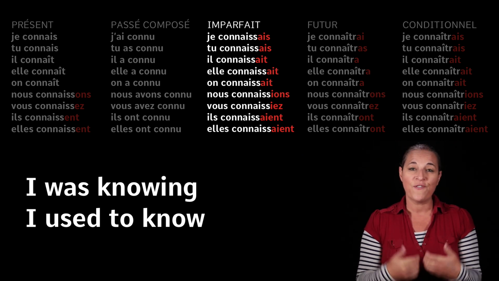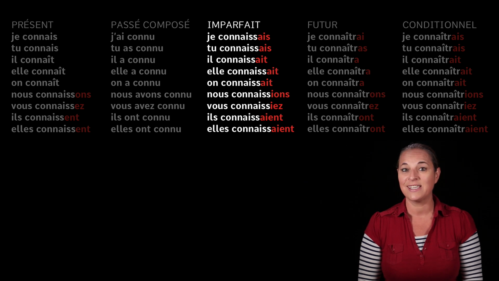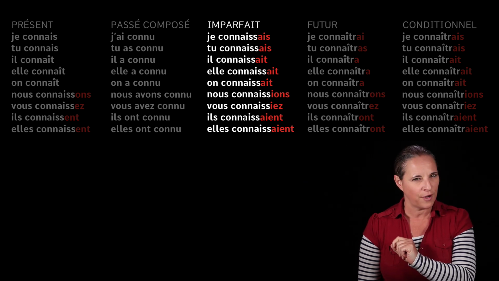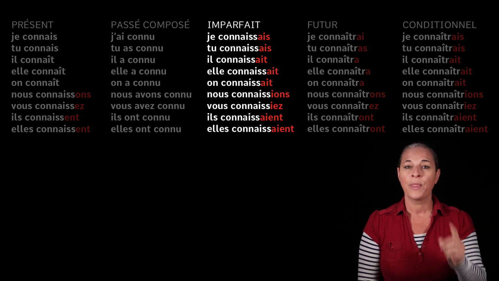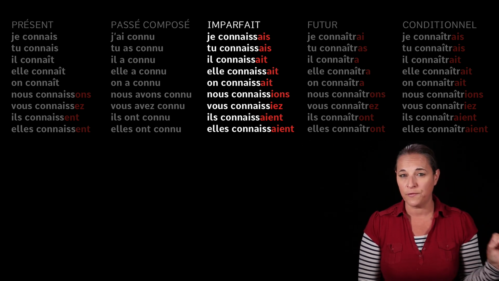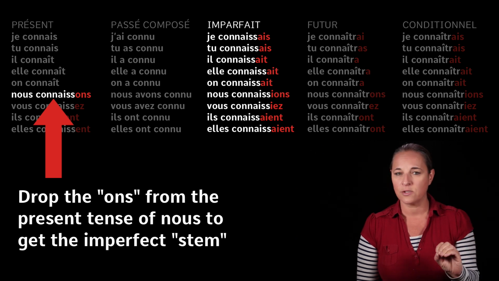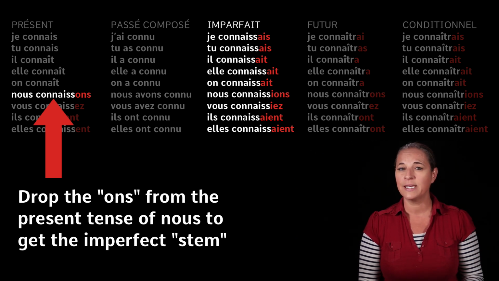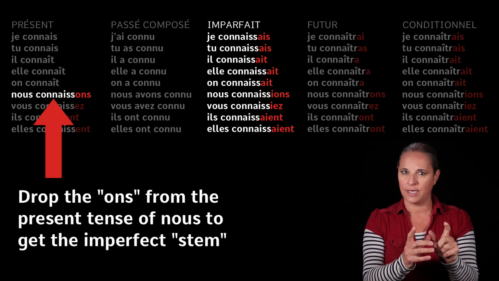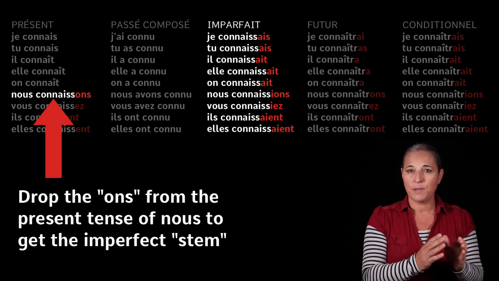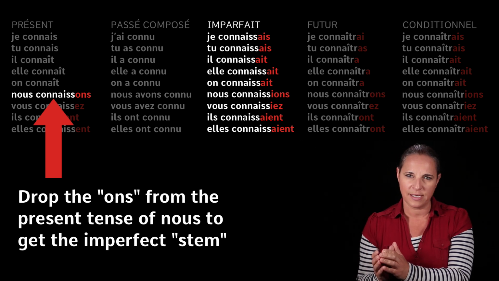In order to form the imperfect tense, remember what I said to you at the very beginning when we conjugated the same verb in the present tense? I said remember the nous form. Nous connaissons. The reason is that we want to use the stem of that, connaiss-, okay? And this stem is going to be transported into the imperfect tense.